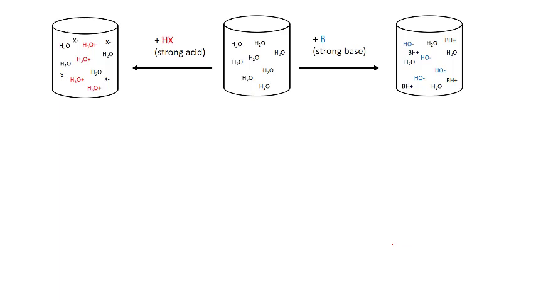So let's demonstrate this graphically. What we have just shown is the principle of buffering, and this slide is going to show you the idea of buffering. Let's start off in our simple situation where we've just got pure water by itself. If we add a strong acid to it, what's going to happen? All of the H is going to go onto water, forming hydronium ions, so that we have a large change in pH.